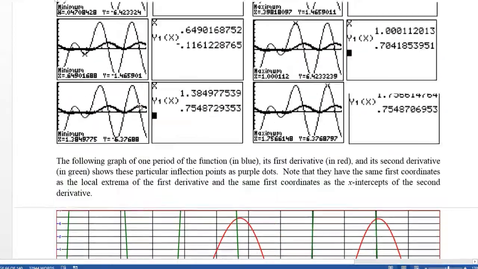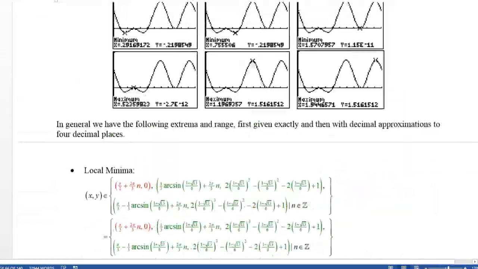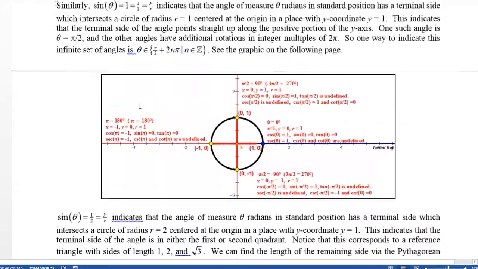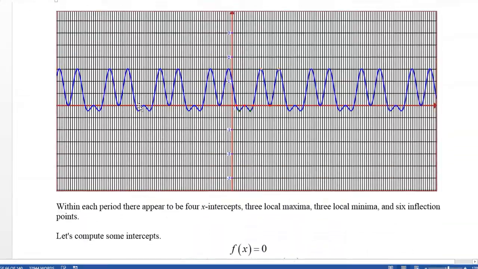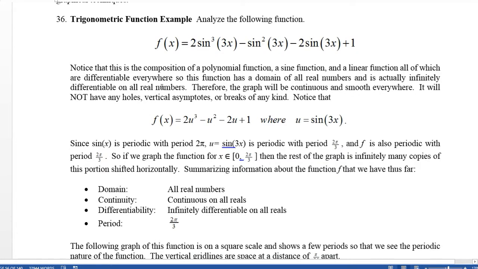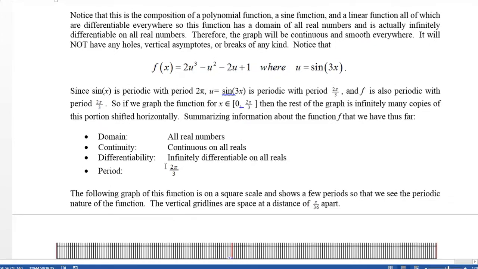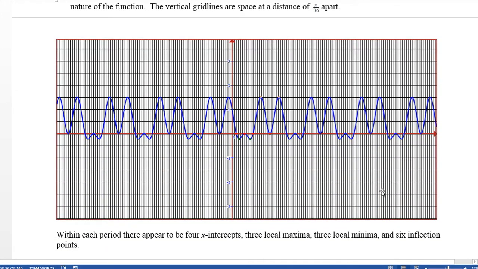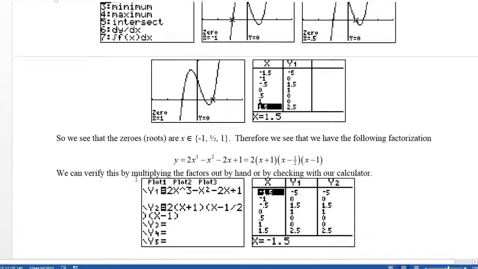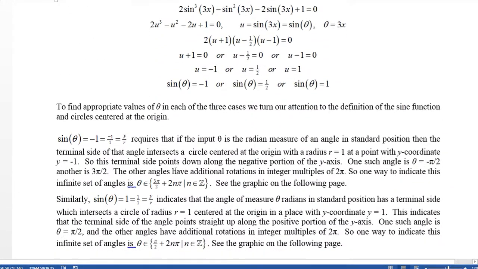Okay, well, that was kind of involved. There were a lot of things that we got to review. We got to practice a lot of things, some of which were easy, some of which weren't quite so easy. We were able to use quite a bit of algebra. We talked about polynomials. We were able to talk about periodic functions with trig functions, some of our special angles and solving trigonometric equations.